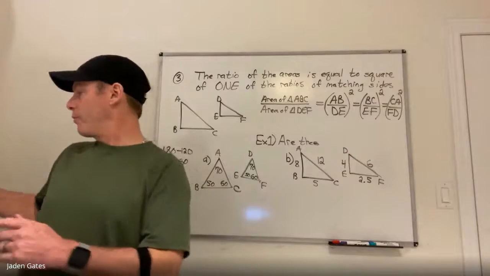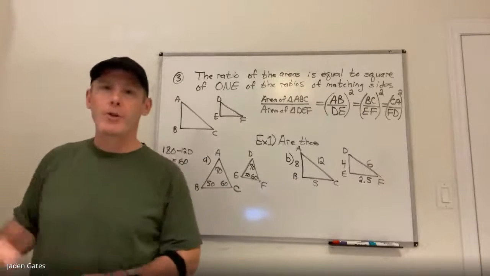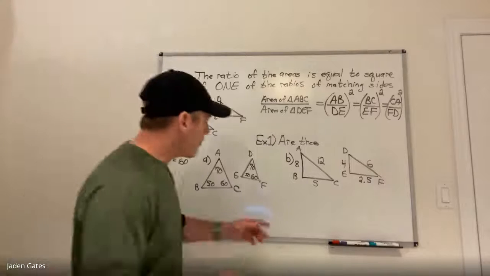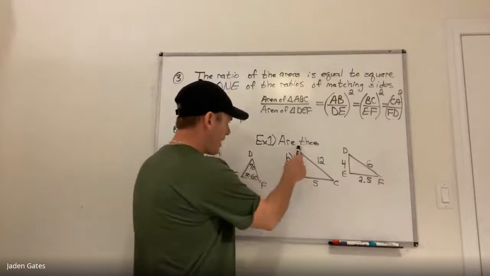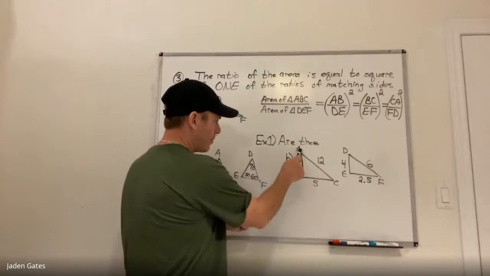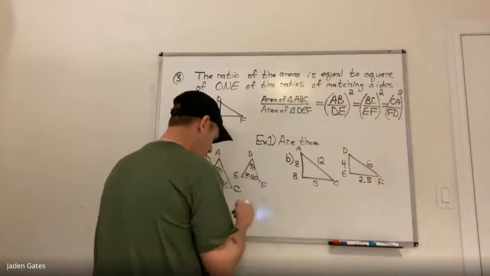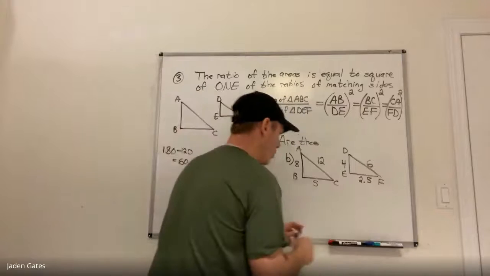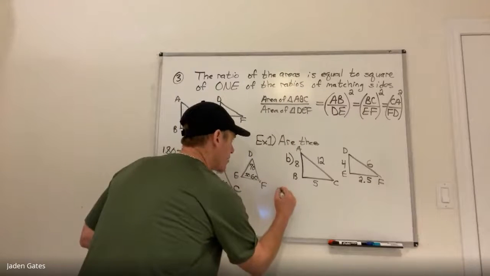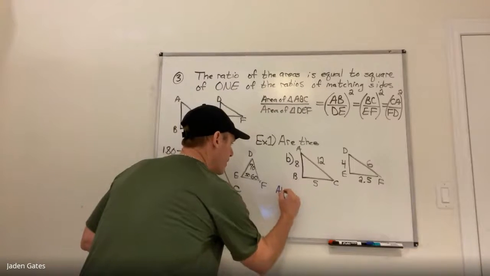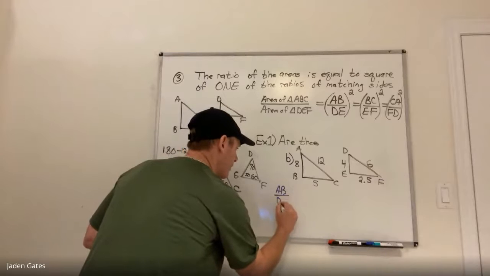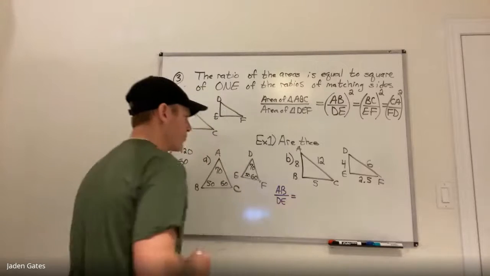So here's how I'm going to use that property to show that they are similar. I'm going to look at my matching sides here, where I have the side AB and DE. Now, if I calculate that ratio, that fraction, I'm looking at AB divided by DE, because those are matching sides.